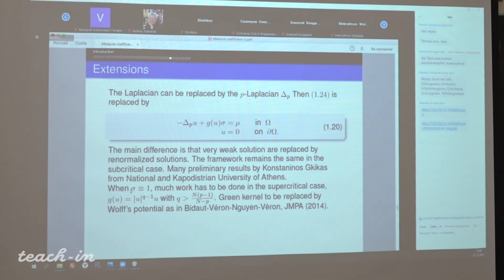And in the case sigma equal 1, there are many works that have been done by Veron and myself, published in the journal. In that case, of course, the tool is a Green kernel, but you replace the Green kernel by the Wolff potential. The Wolff potential plays the same role, and you have also a notion of subcriticality and supercriticality, with a critical exponent here.